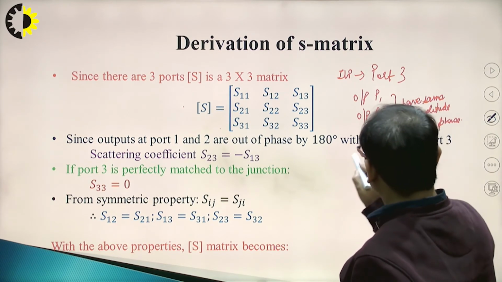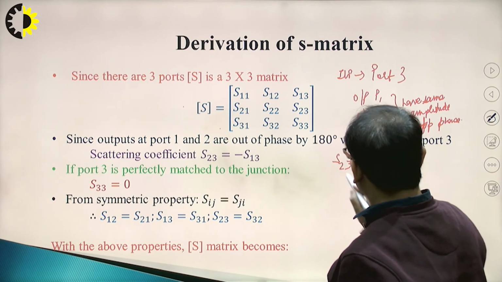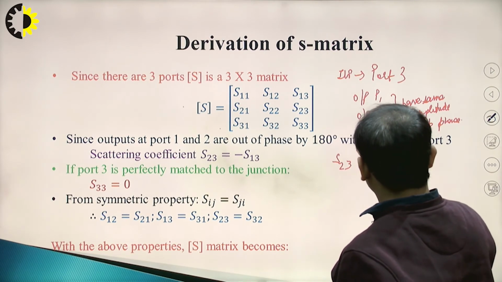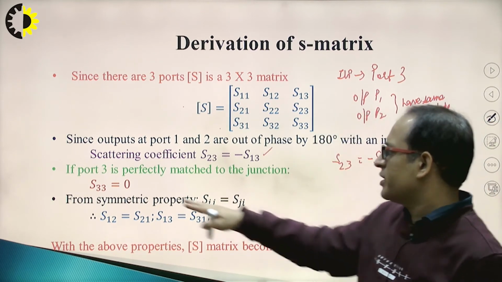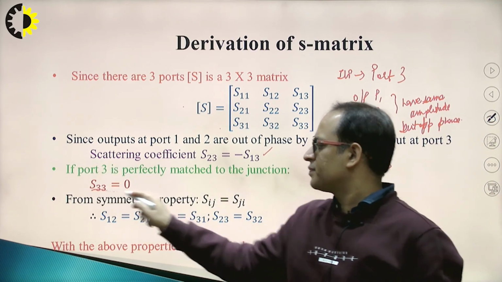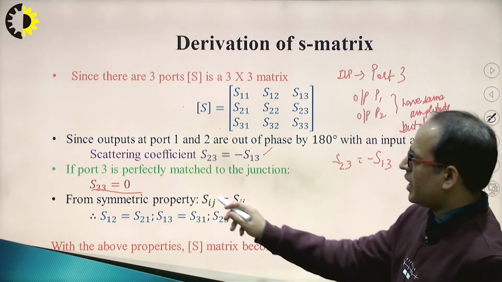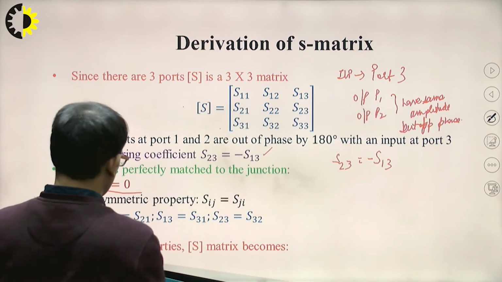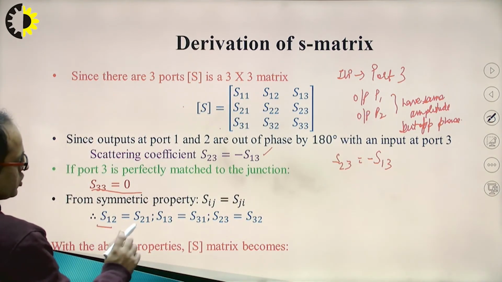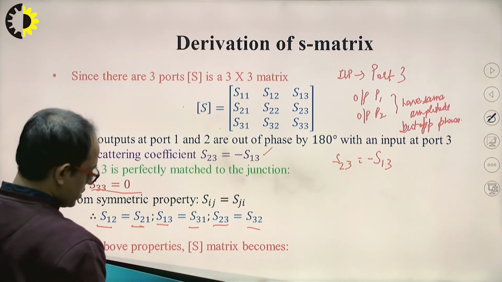It means S23 will be equal to minus of S13. Clear? Now I am assuming that port 3 is perfectly matched, so S33 will be equal to 0, and from the symmetric property Sij equal to Sji, I can say that S12 will be equal to S21, S13 will be equal to S31, S23 will be equal to S32.